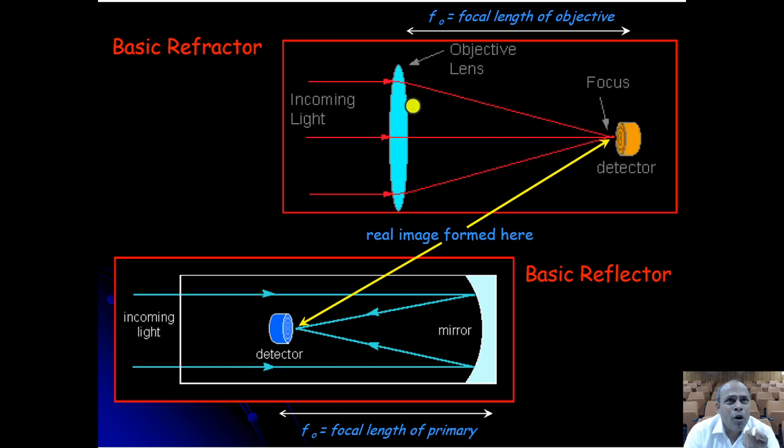From this objective lens to this focal plane, this distance is called the focal length of the objective. This objective could be a lens, a set of lenses, or mirrors, a set of mirrors. In the case of mirrors, it is called the reflector telescope. In the lower picture you see, here the incoming light falls on the mirror and then again focuses at this focal plane.